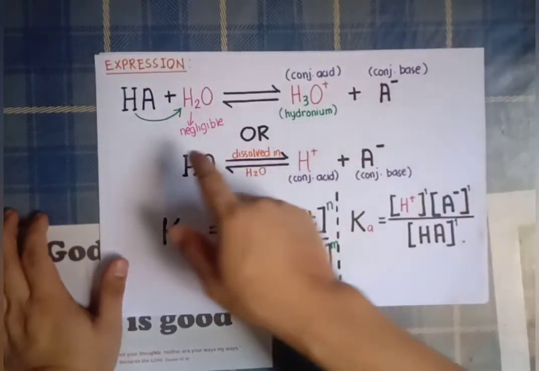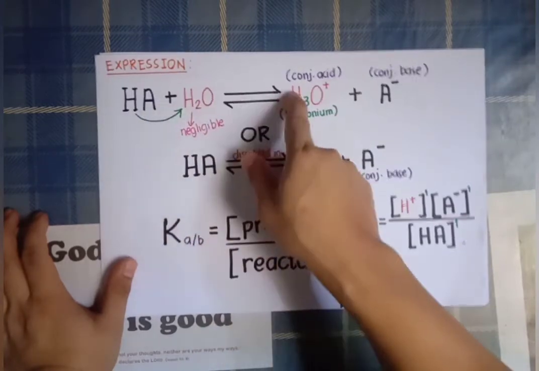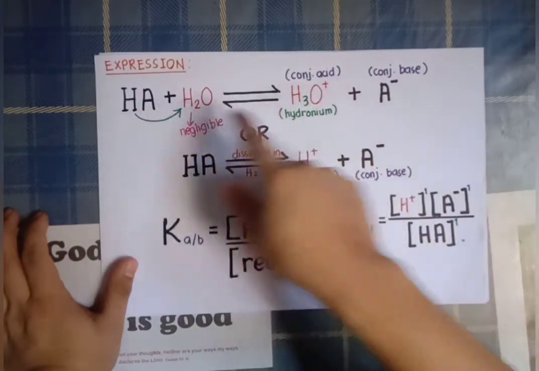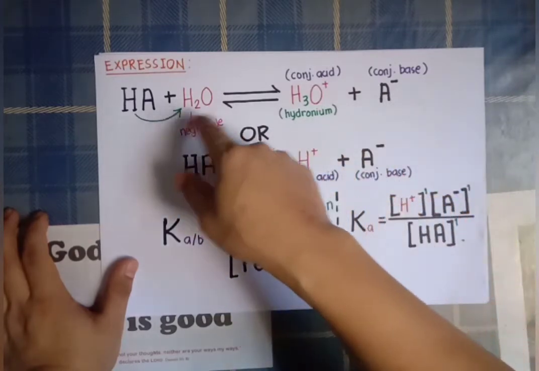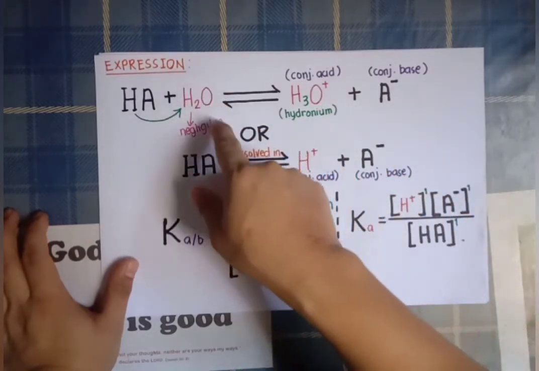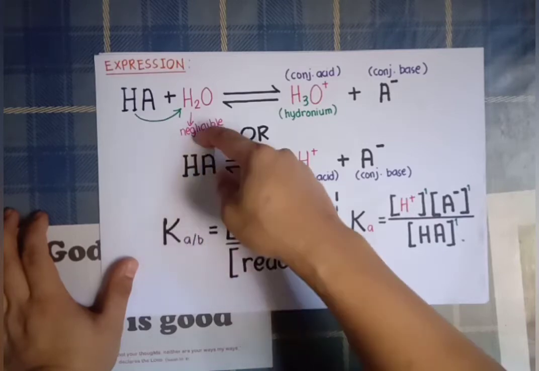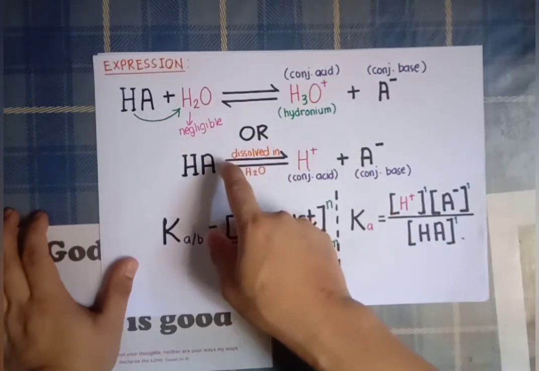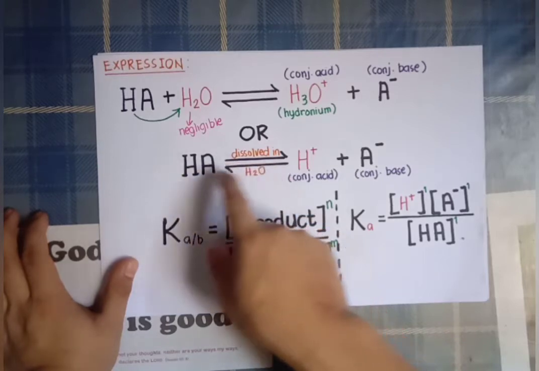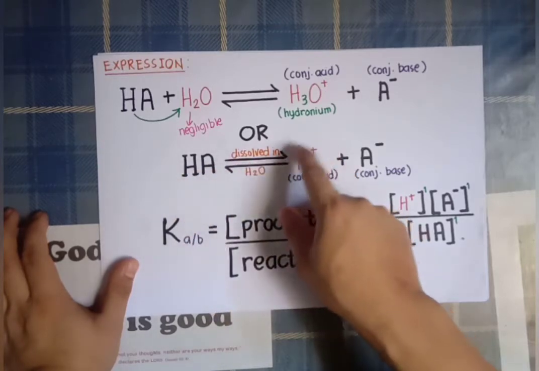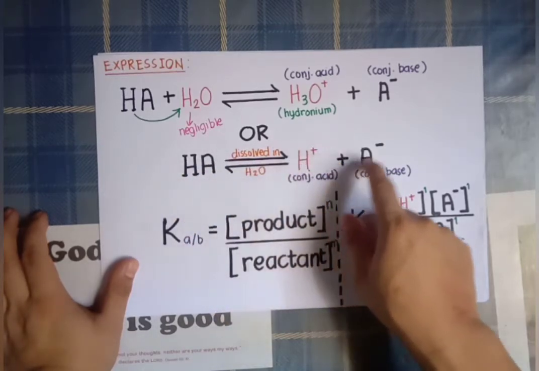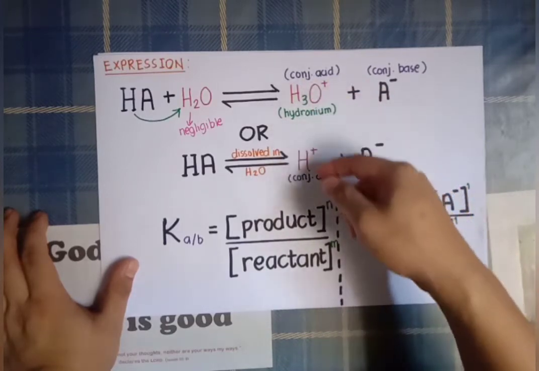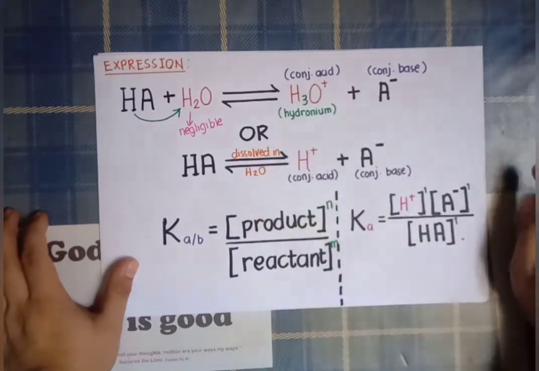Instead of writing HA plus H2O yields H3O positive plus A negative, we sometimes omit this H2O because of its negligible effect on the solution, and therefore write HA. After we dissolve this HA into water, it will produce H positive and A negative. But both of these chemical equations are actually correct.